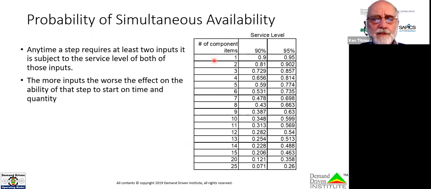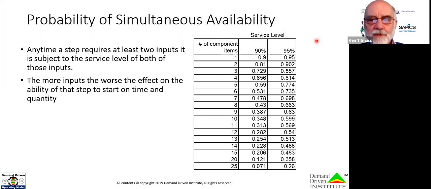He says here that if you've got a number of components that go into a subassembly or into a product, and you've got a service level of 90%, then we can see it's a multiplicative type of thing. So if you've got 25 components going into that product and every single one of them has 90% material availability, it means that ultimately you're only going to have a 7% chance of putting that particular subassembly together.